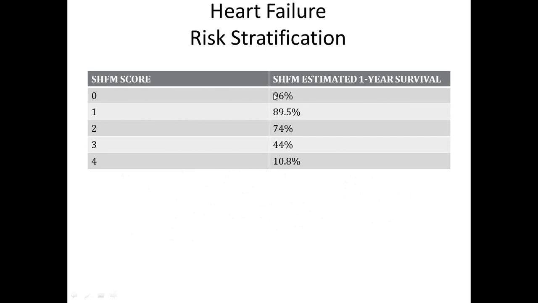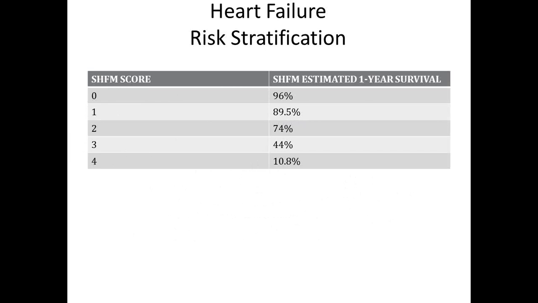So, excellent survival. But a score of 1, estimated 1 year survival is 89.5%. Score of 2, 74%. 3, 44%. 4, 10.8%. So this is much more accurate and useful. So you can individualize patients and determine risk.